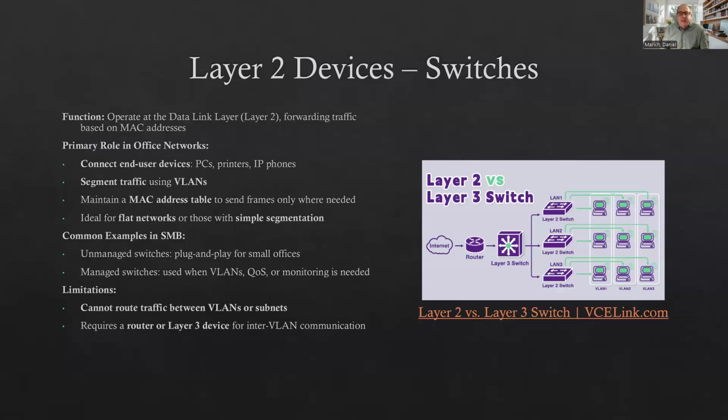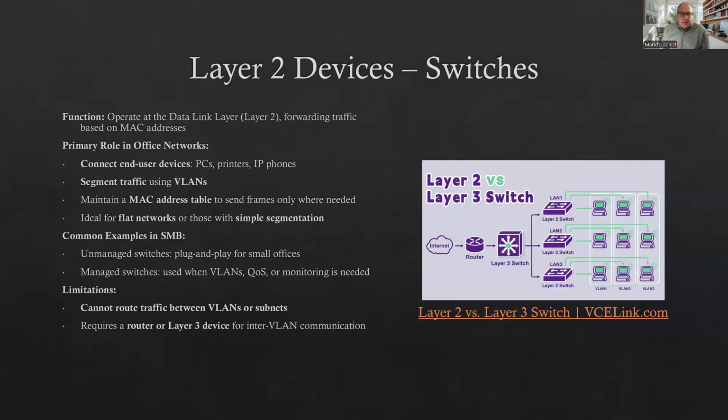Layer 2 switches maintain a MAC address table so that Ethernet frames are forwarded only to the specific port associated with a device, rather than being broadcast to all ports. These devices are ideal for flat networks or environments that need only basic segmentation.